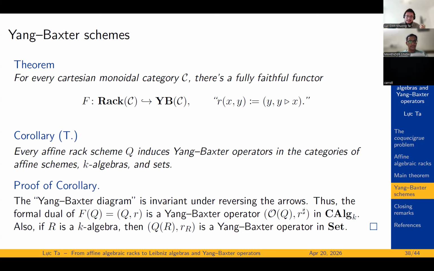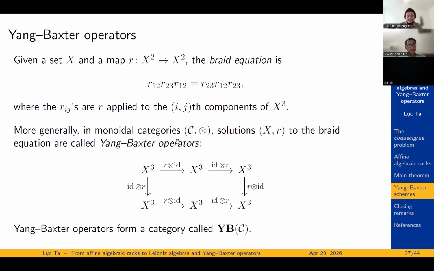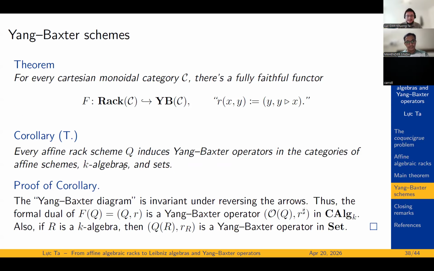But because affine schemes and k-algebras are contravariantly equivalent, and since this diagram is invariant under reversing arrows, you also equivalently get a Yang-Baxter operator in the category of k-algebras. In other words, a Yang-Baxter operator whose underlying object is a k-algebra, and such that R is a morphism.